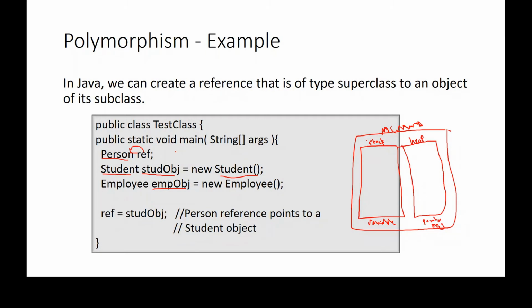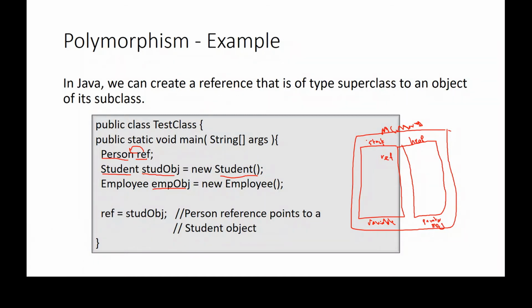Here we have a variable called reference. This is the reference variable, of type Person. It does not point to anything yet, so there's nothing in the heap about it. It's just a variable right now.